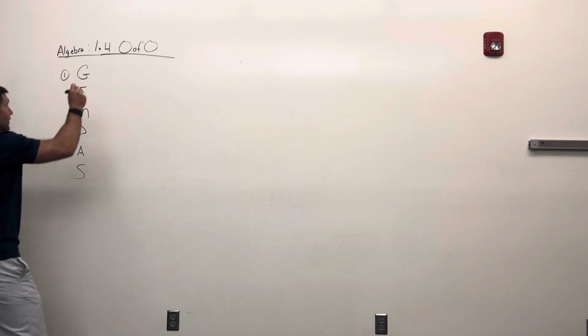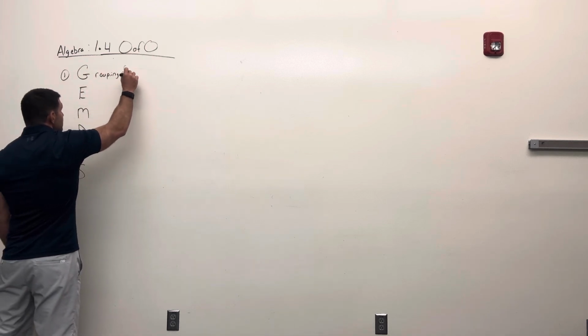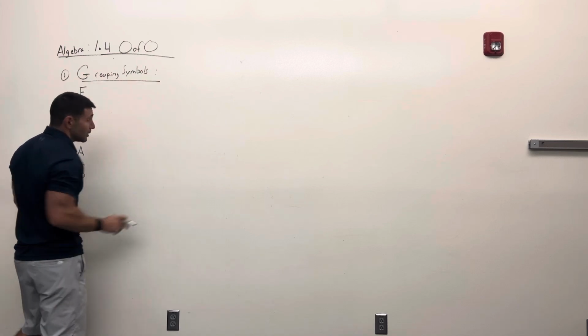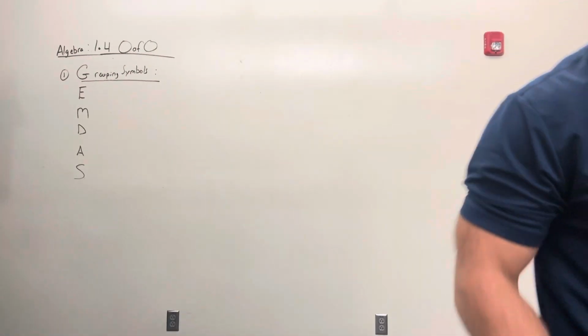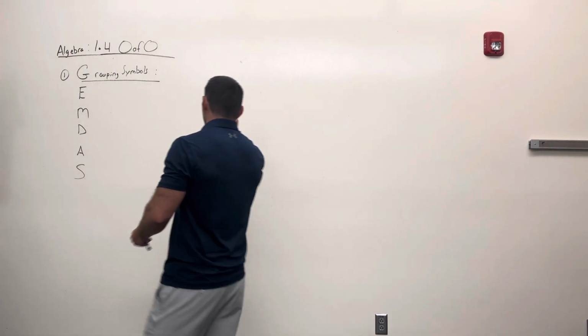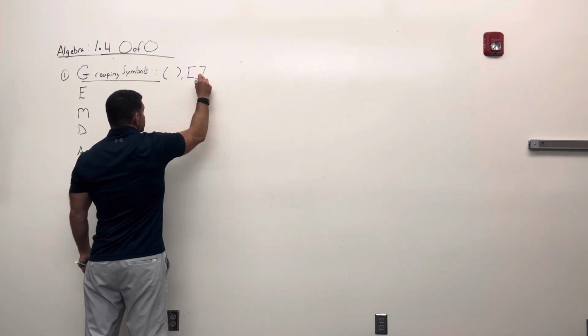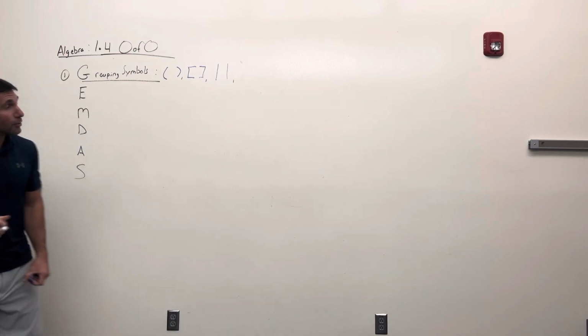The G stands for grouping symbols. And that is important. Grouping symbols can include, but are not limited to, parentheses, brackets, absolute values. Those are all grouping symbols.